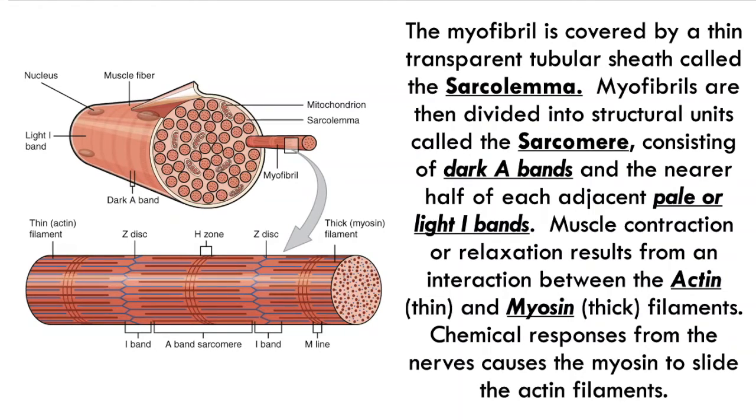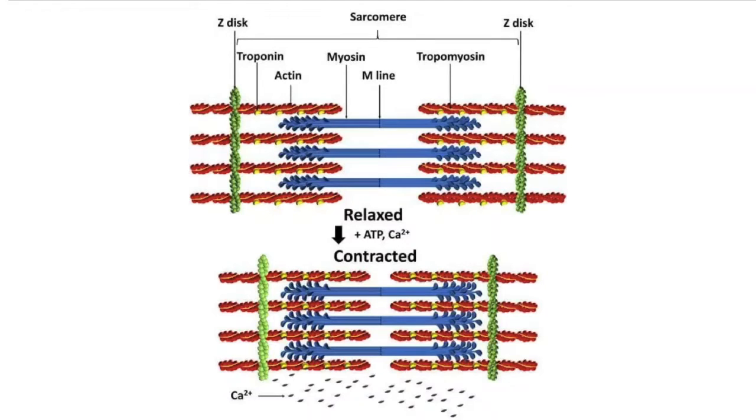On the left and right, it says thin actin filament and thick myosin filament. That's what we're going to focus on, the actin and myosin that cause the contraction of the muscle.